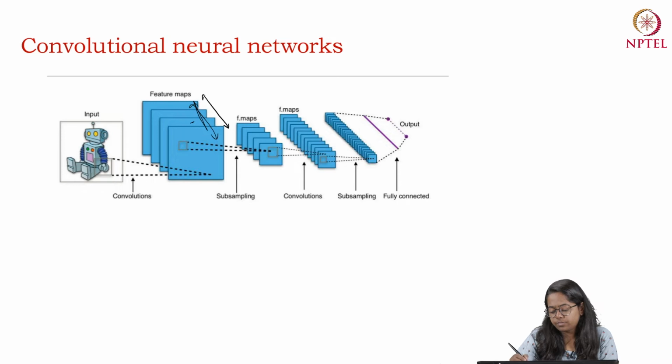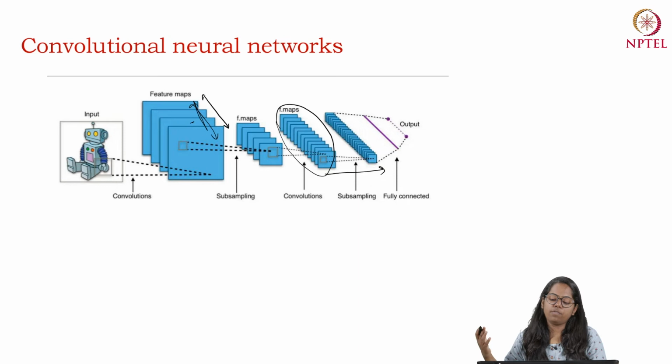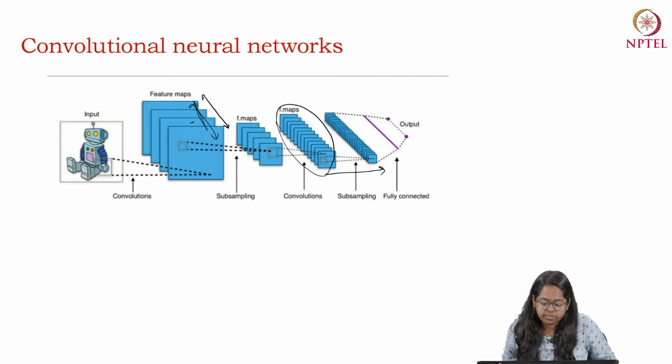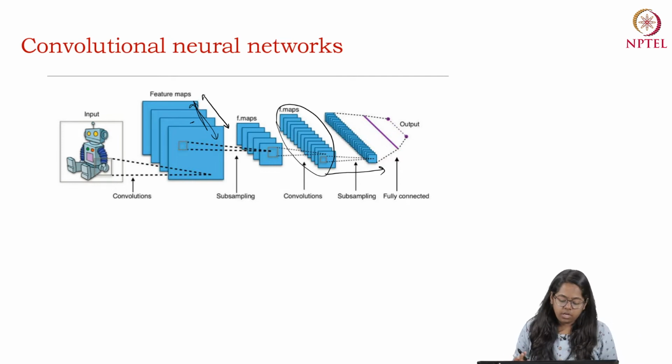The next feature maps try to understand where the fingers are, if there is an arm near it, and so on. Based on the higher level patterns we are trying to identify, the higher layers of the network will be able to identify such patterns. So this was for the convolutional neural network.